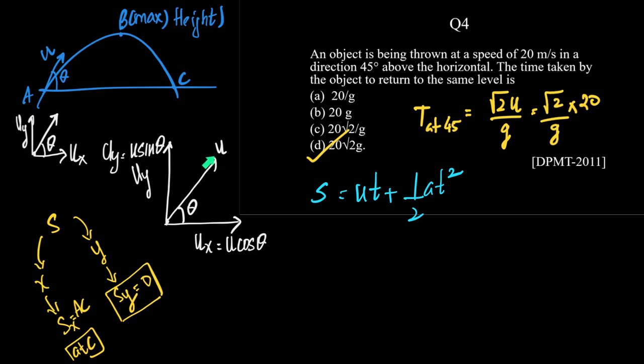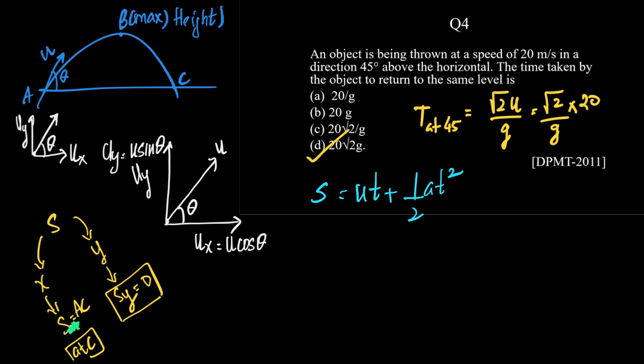As velocity has two components, ux and uy, displacement will also have two components, sy and sx. So what does sy represent? Sy represents the displacement in the vertical direction and sx represents the displacement in the horizontal direction.